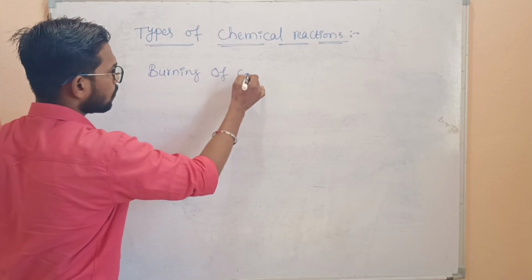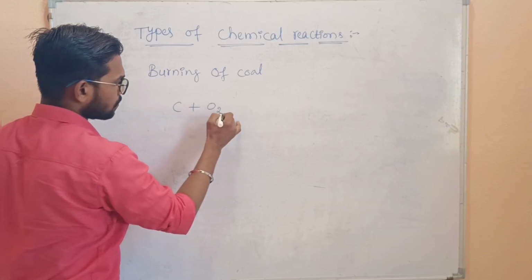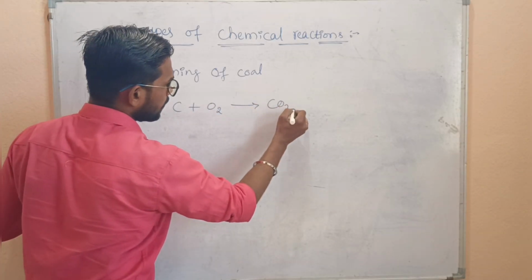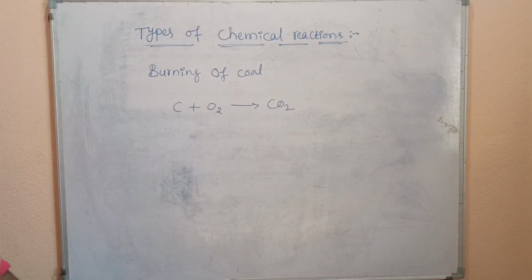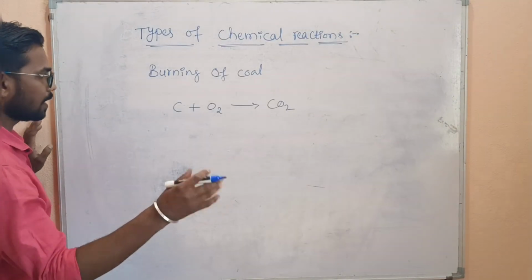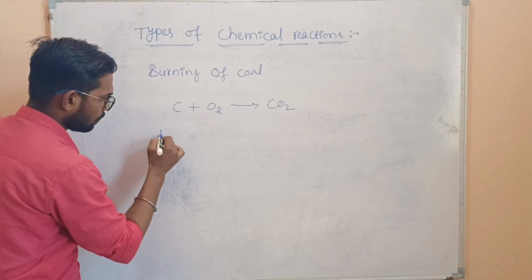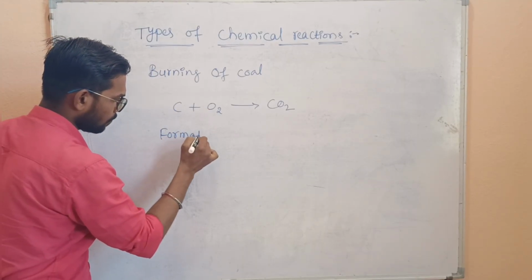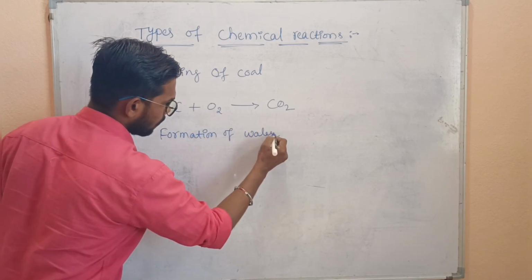Burning of coal: here carbon reacts with oxygen to form carbon dioxide. So burning of coal is an example of a combination reaction. Another example is the formation of water.